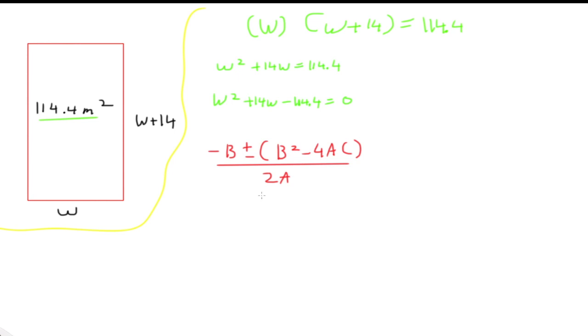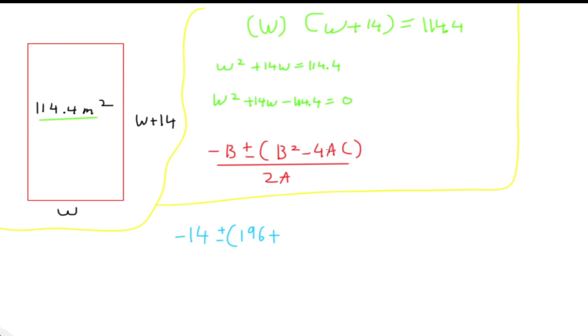Okay, so now it's time to replace these values, and let's start solving this right here. Since we knew that b is 14, we have to do negative 14 plus or minus the square root of b squared, which is 14 times 14, which is, I think, 196, plus negative 4 times a times c.